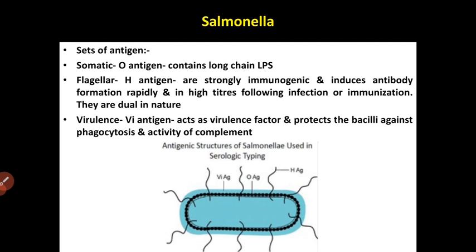The Vi antigen is dual in nature. It acts as a virulence factor and protects the bacilli against phagocytosis and activity of complement. Understood? This is its antigenic structure.